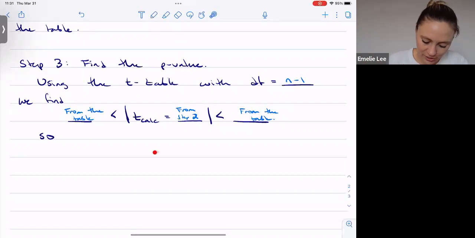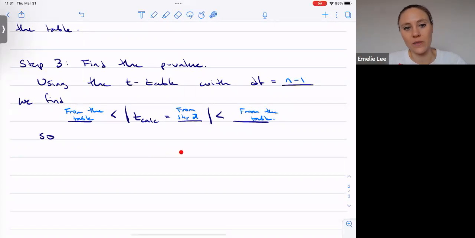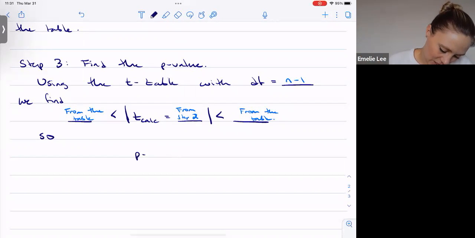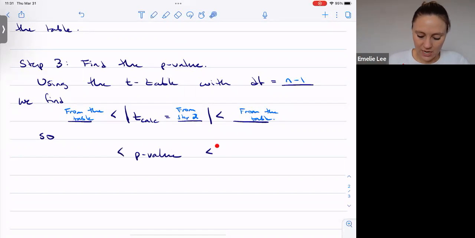Again, I center the p-value, and whether I want the one-sided or the two-sided, I tend to show that here. In this case, this is just a generic one. So the p-value is going to be between two values. Notice how I use the less than, less than. So there's not much to remember here.